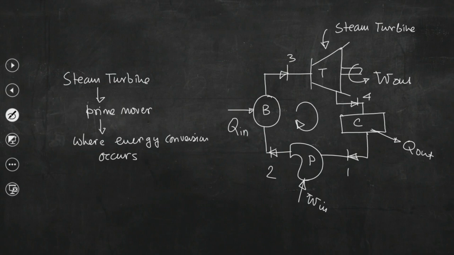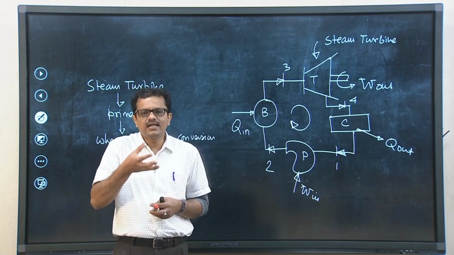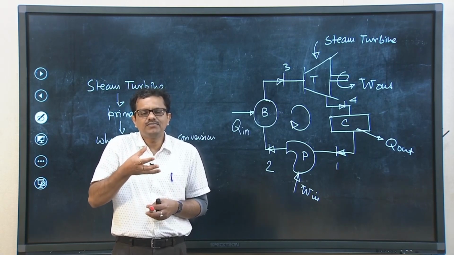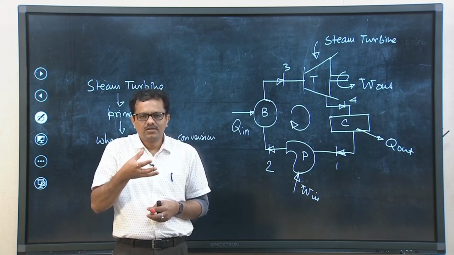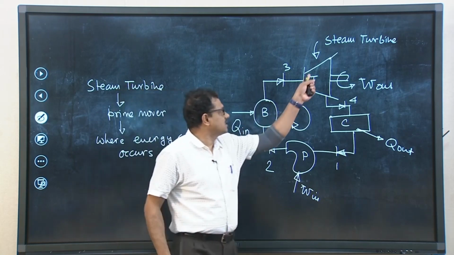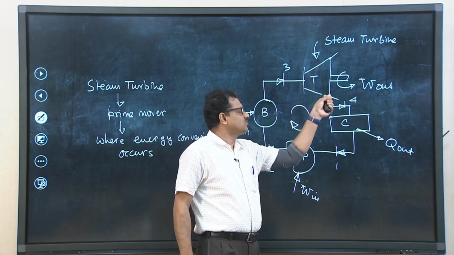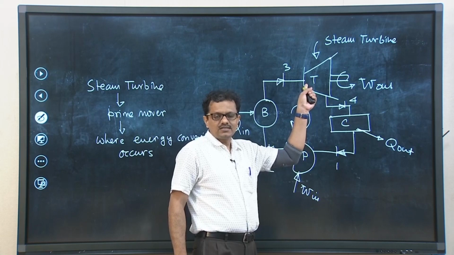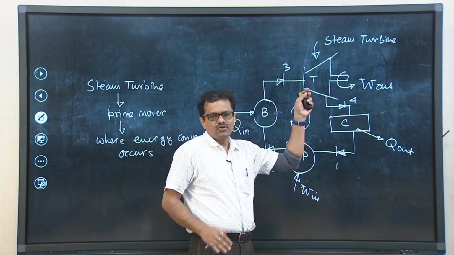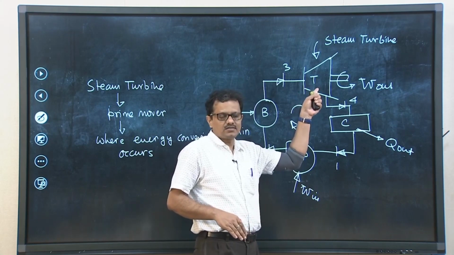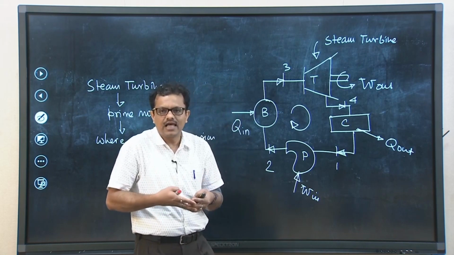Energy conversion means, as I said, that the flowing stream has internal energy, thermal energy, which we have learned from basic thermodynamics. If we consider this a control volume, there is one inlet and one outlet. The inlet stream entering the control volume has thermal energy, and for this flow process the thermal energy is represented by enthalpy.